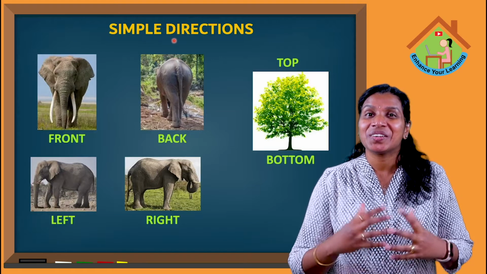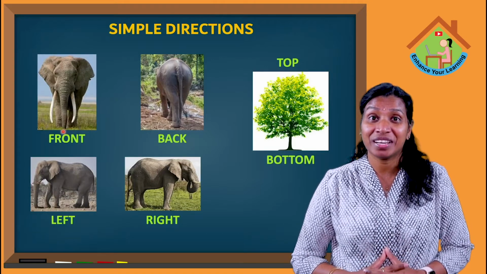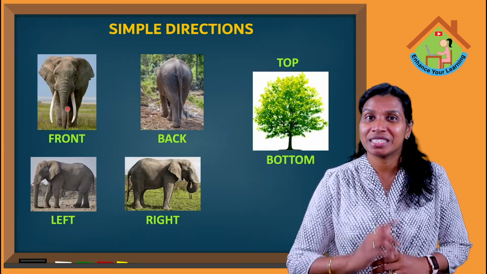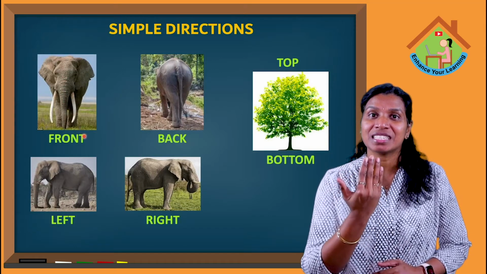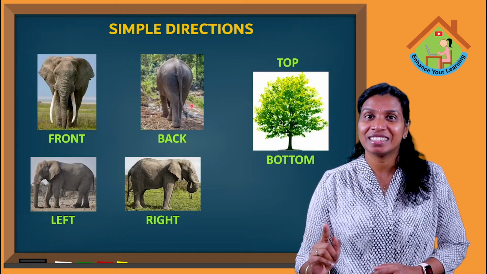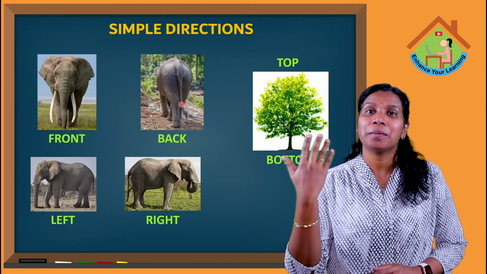Kids, look at the picture. Yes, there is an image of an elephant, right? In the first picture, the elephant is facing the front side, right? Look at the second picture. The elephant is facing the back side.